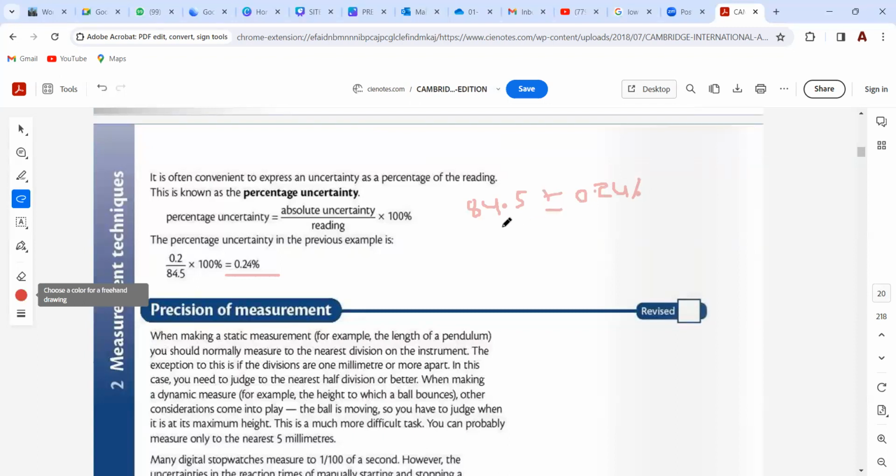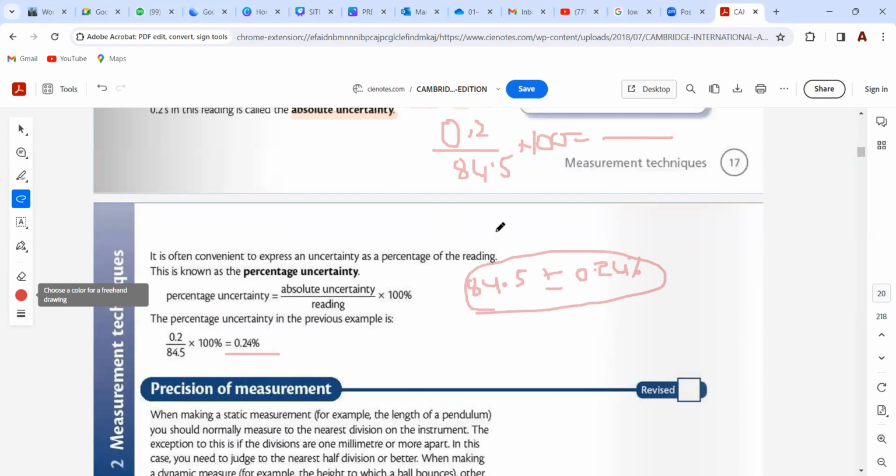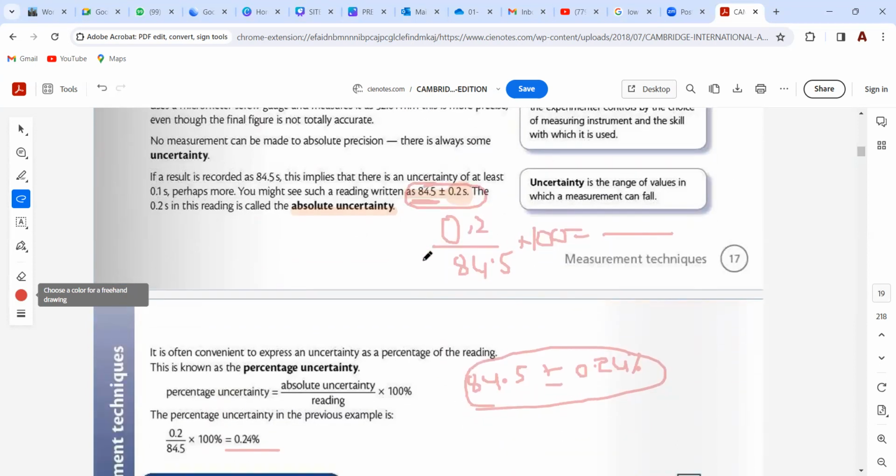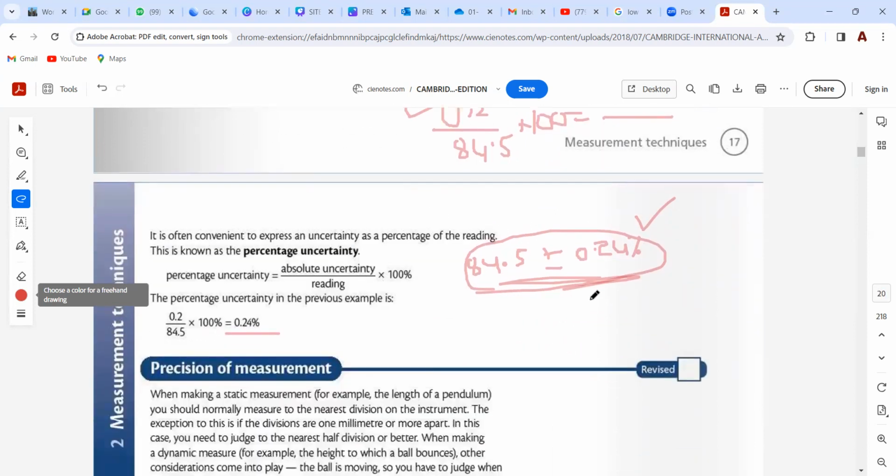Now, this 84.5 plus minus 0.24% or 84.5 plus minus 0.2 एक ही बात है ठीक है, because this is also a form of writing uncertainty. This one over here is when you write uncertainty as a percentage, and this one is where you write uncertainty as an absolute value. And then there was another one which is uncertainty as a fractional value.